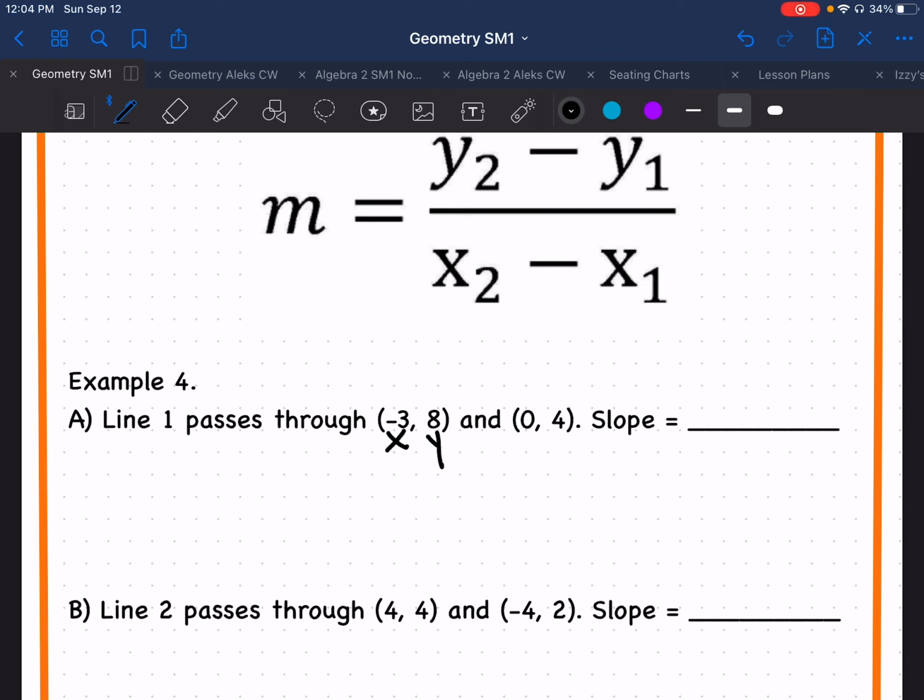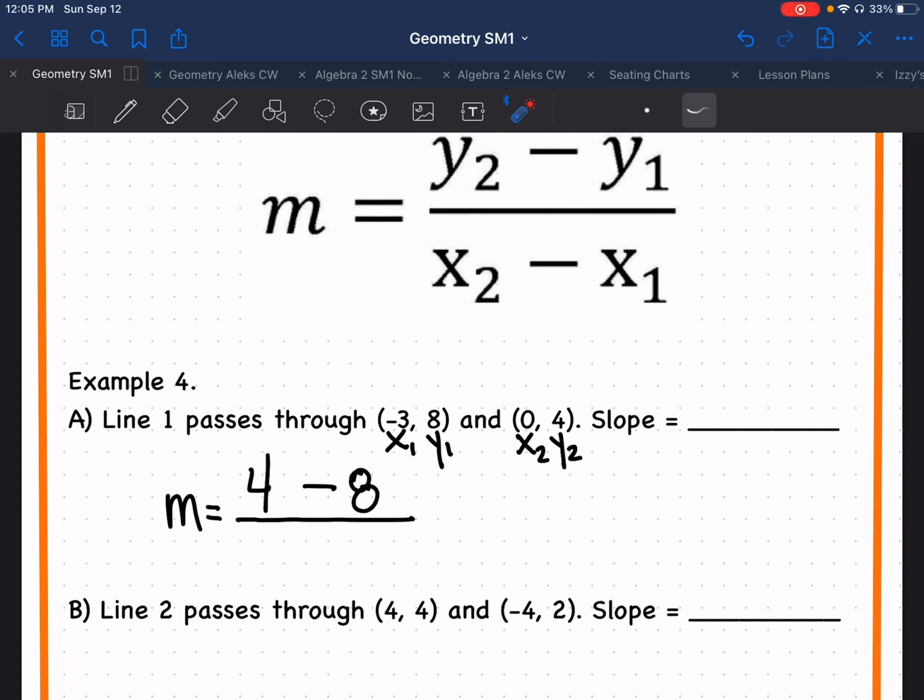Since this is the first point, it's very common to call them the ones, x1, y1. We never mix the numbers, but we always mix the letters. And the 0, 4. So once again, x, y, and this is my second point. To find my slope, I'm going to do y2 minus y1.